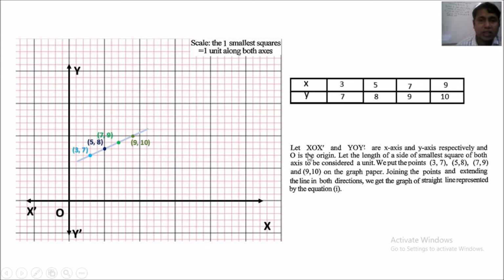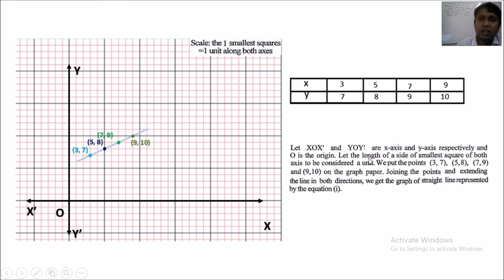Now let XOX' and YOY' be the x-axis and y-axis respectively, and O is the origin.